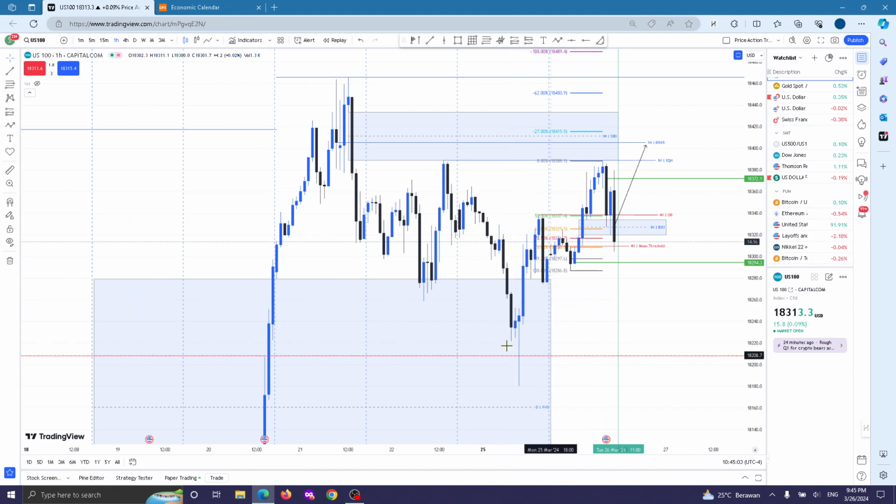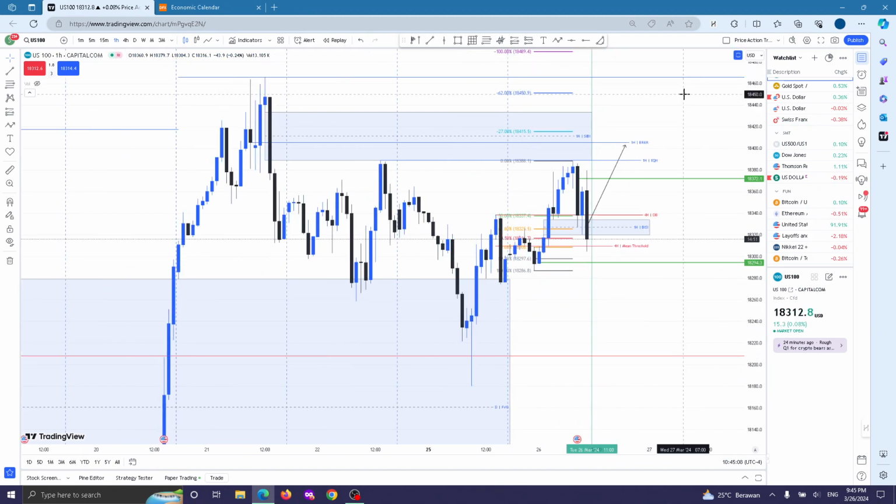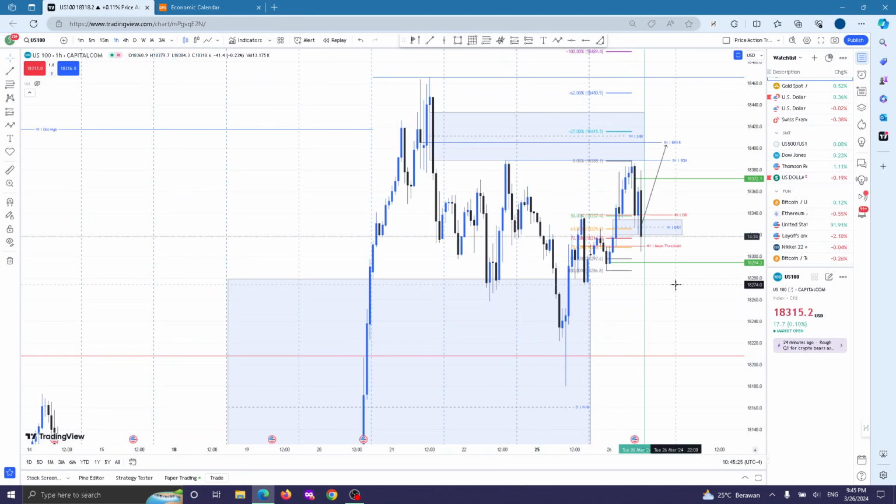Confirm this Monday low of the week. If it doesn't hold, and on Wednesday just displaces lower, creating a bearish breaker, then this will be my target. The rejection block. Like that.